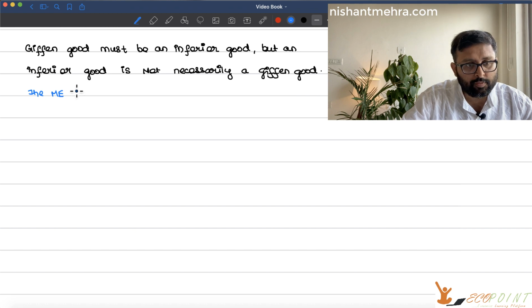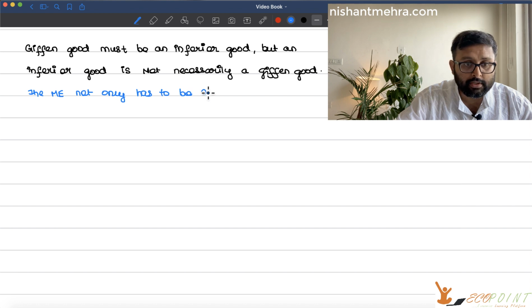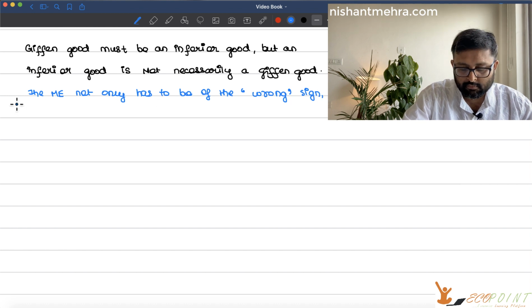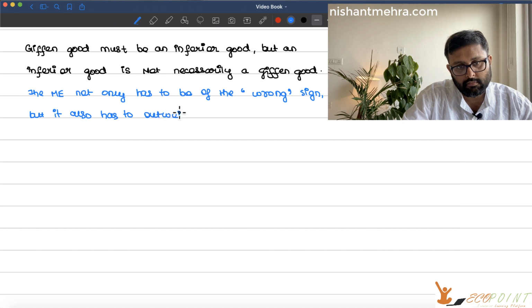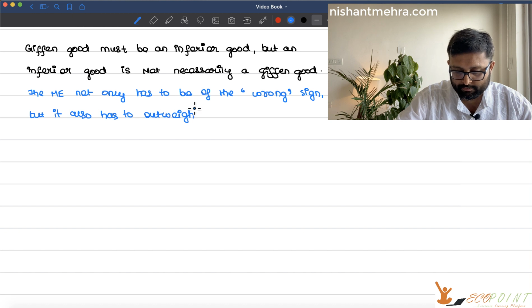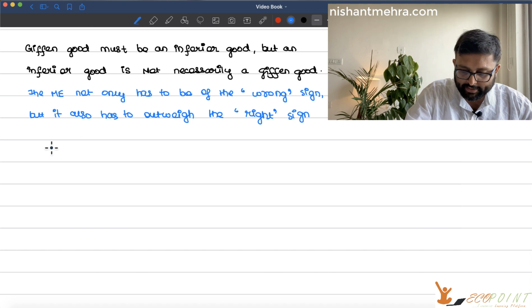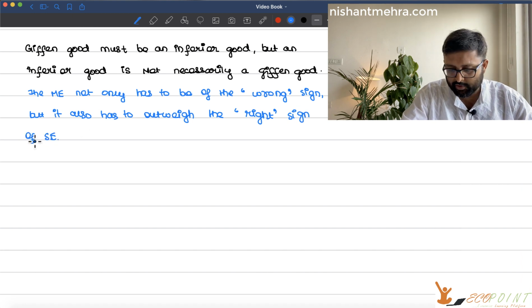The income effect not only has to be of the wrong sign, but it also has to outweigh the right sign of substitution. It's a beautiful line which he has written.